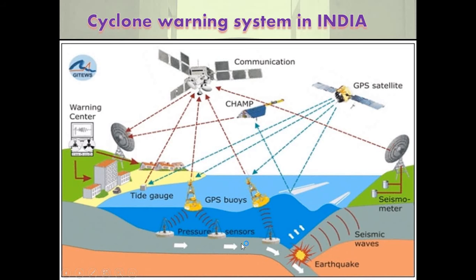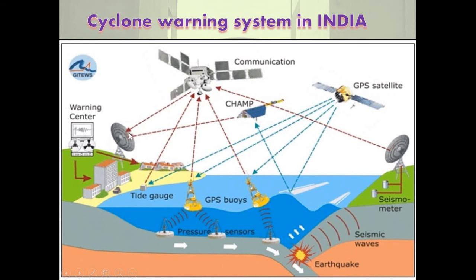This is a tide gauge, GPS buoys. And this is conventional and Doppler. This is a seismometer, to sense the earthquake and the range of the earthquake. These are seismic waves. This data is sent to the satellite.